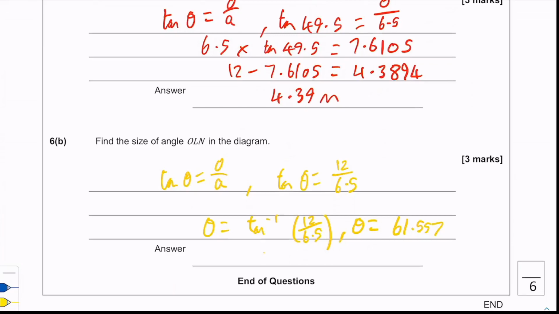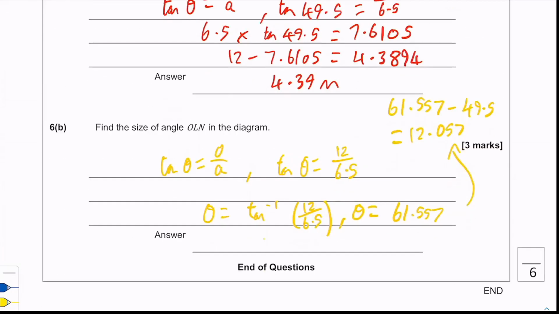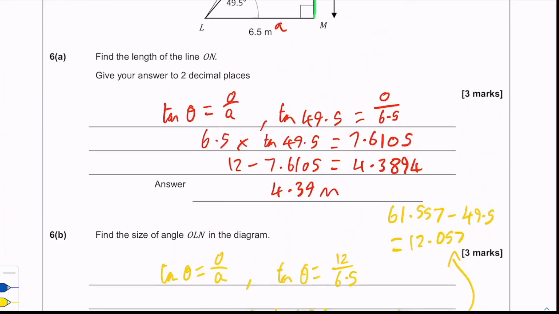I'll just do it up here. So 61.557, take away 49.5, gets us our final answer, which is 12.057. And then it doesn't say how many decimal places, but part A was 2, so we'll do 2 again. So our final answer is 12.06 degrees. And there we go, that is our final answer for part B.